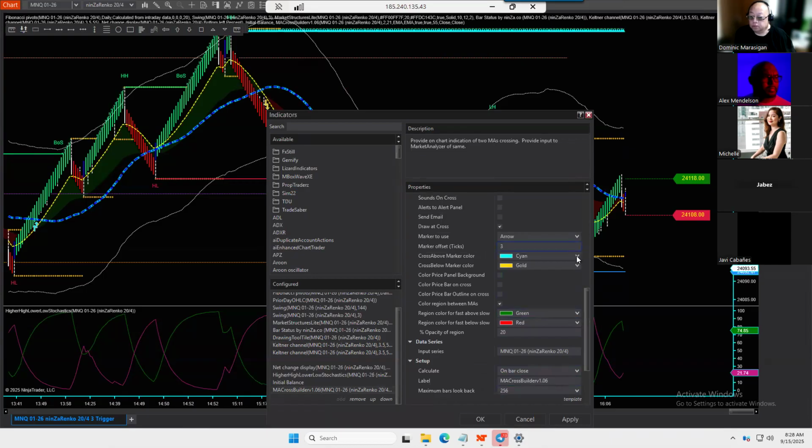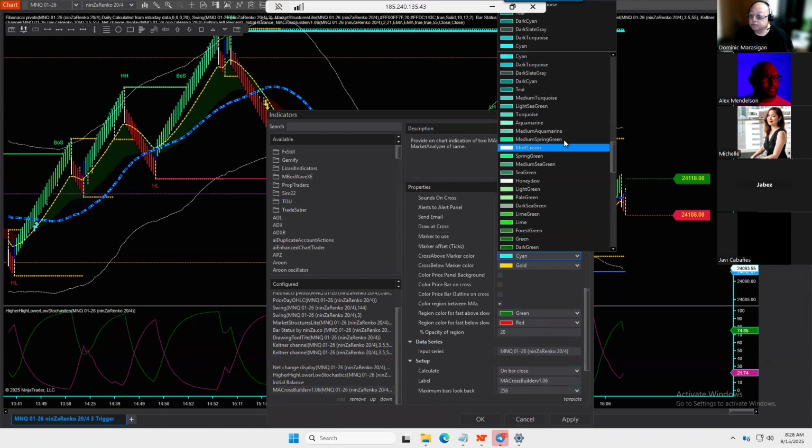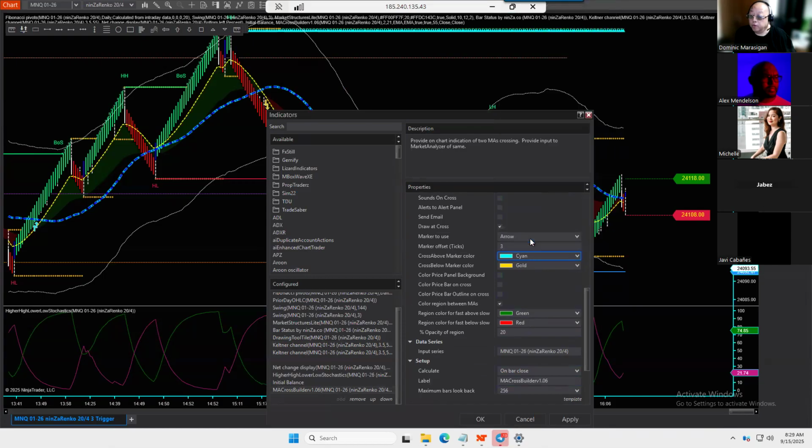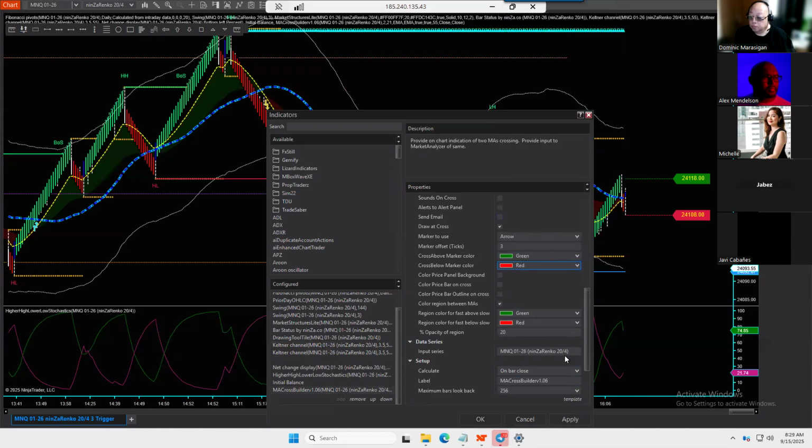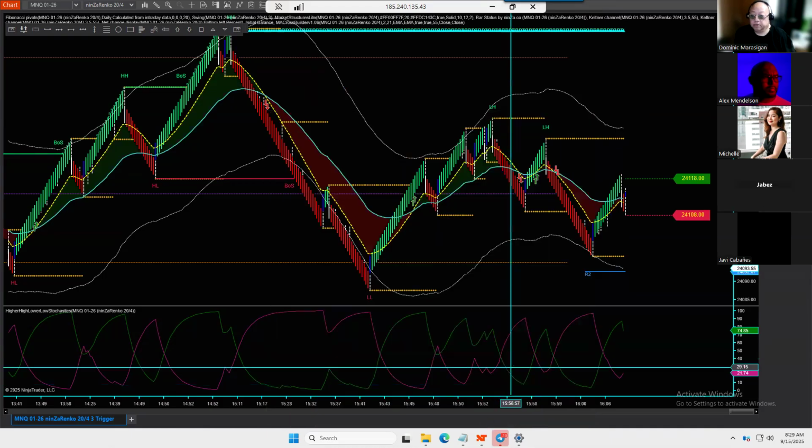And this one to be green as well, to be consistent. And this should be red. So be consistent. Yeah, that's better.